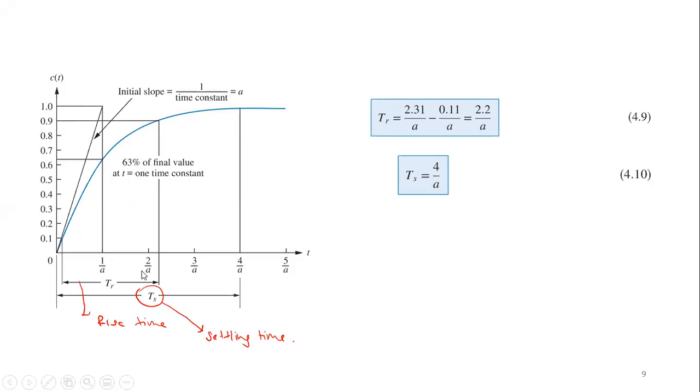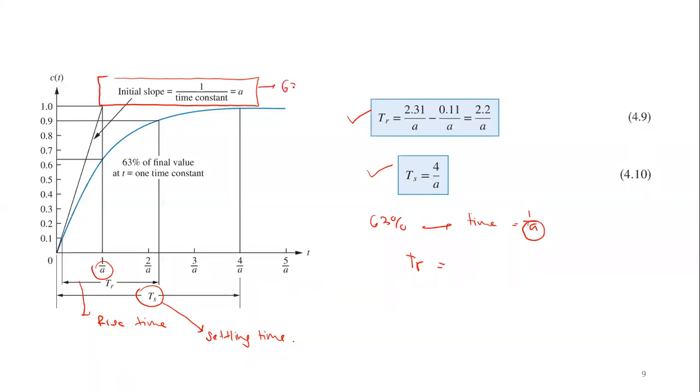From a, you should be able to predict the rise time using this formula, and the settling time using this formula, 4 over a. So the key important thing for a first order system is to find the time constant, which is at 63% of the final value. All right, next.